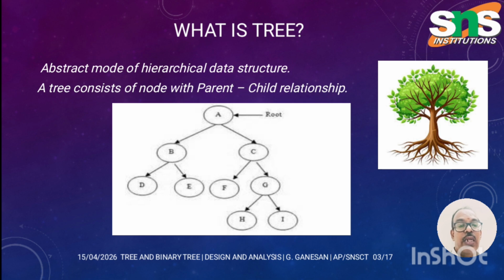Then edges also, the edges are connections connecting the nodes, one node to another node is called as edges. So like natural tree, trees in data structures also have many nodes and edges.